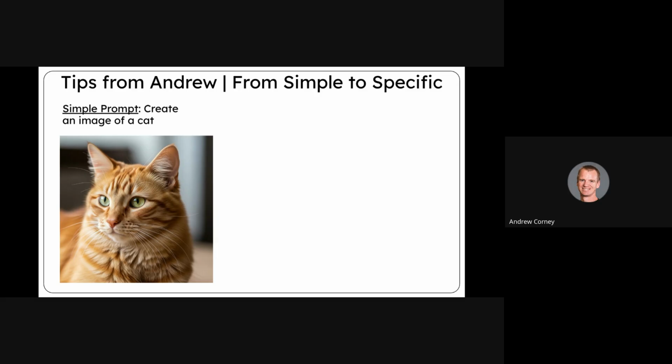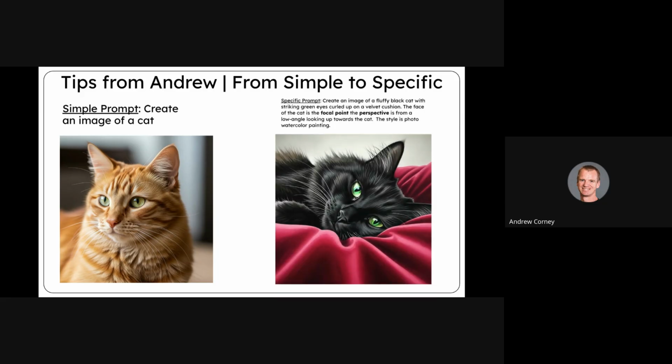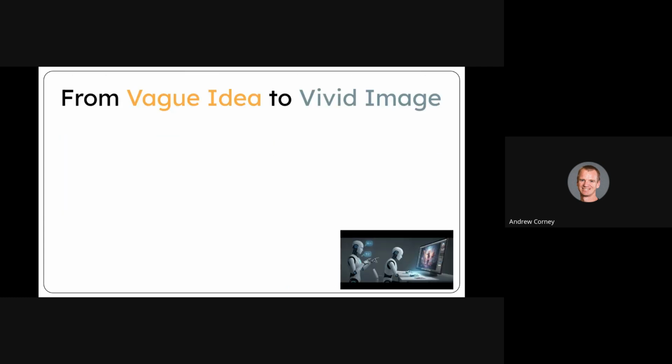If you can add some visual literacy terms, like focal point, perspective or style, then you can get a much more detailed or accurate image. So we all need to be prompt engineers, and if you understand the language of the arts, you can get better output.